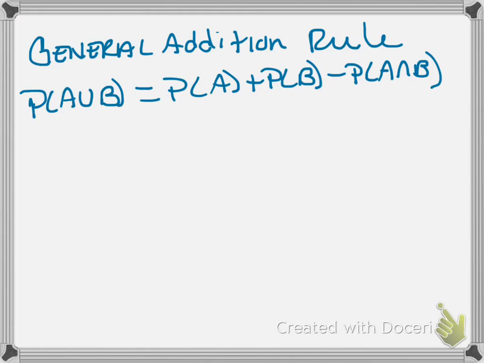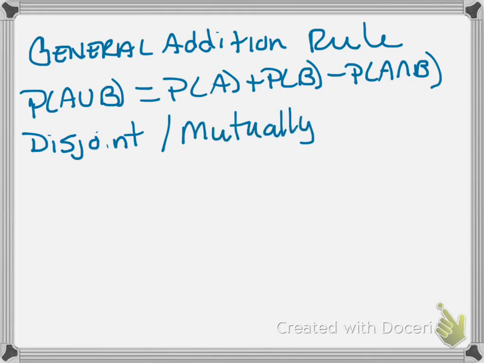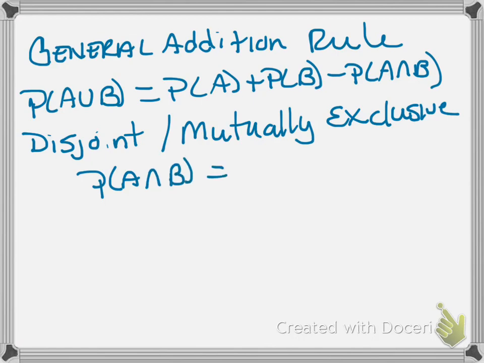Two other things I want to talk about are disjoint or mutually exclusive. We use these words interchangeably, and that is the probability of A and B is equal to 0.